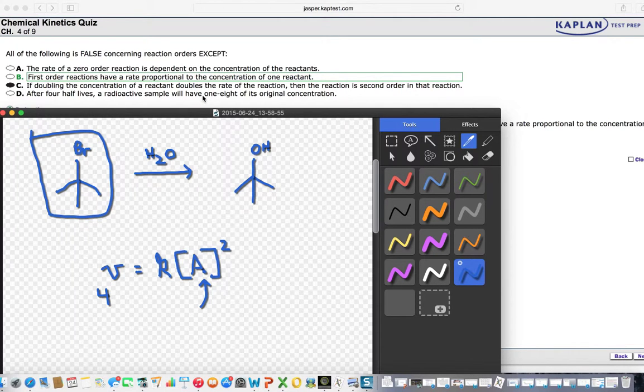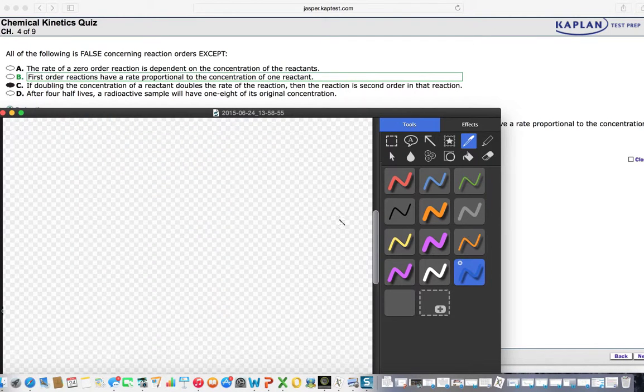After 4 half-lives, a radioactive sample will have 1/8 of its original concentration. Let's show why that's false. So I have 100%. After 1 half-life, I will have 50%, which is 1/2.